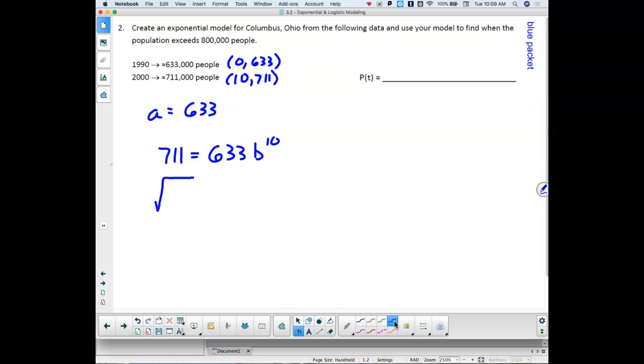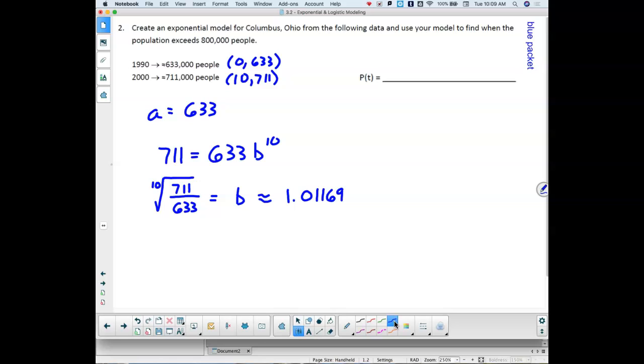So the 10th root of 711 divided by 633 is going to be B, which is approximately 1.01169.